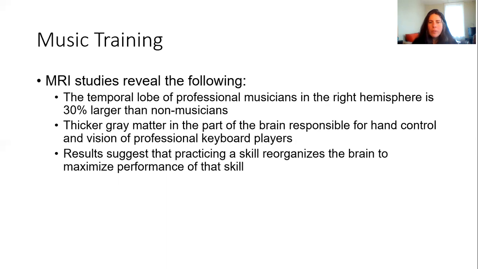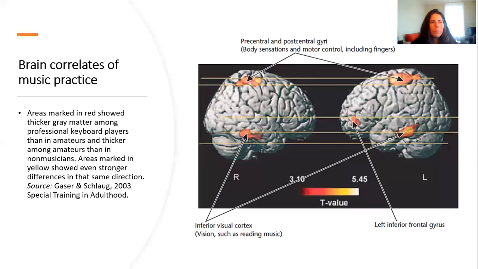And results suggest that practicing a skill reorganizes the brain to maximize performance of that skill. So the more you engage in a particular behavior, the stronger that network, the stronger that connection becomes, right, among cells in the network.